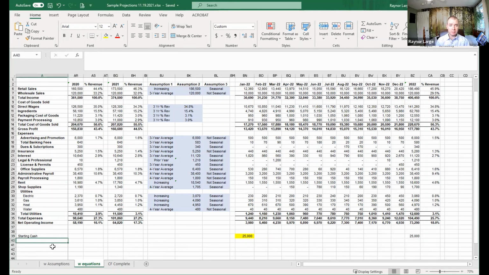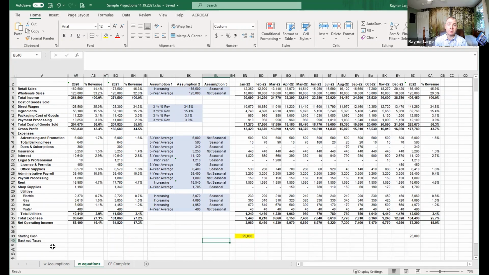Then I want to back out taxes. This might be just an easy conversation you have with your accountant to figure out your tax situation and what you pay in taxes. But for my little business here, I'm an LLC or a sole proprietor, solely owned. It's just me.